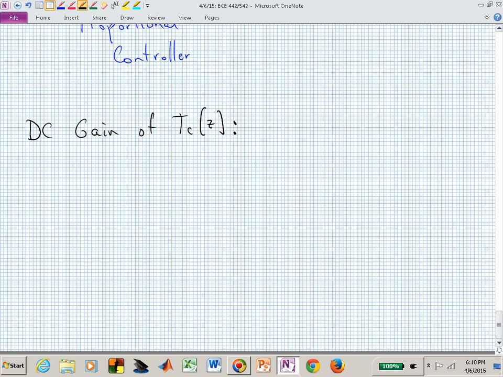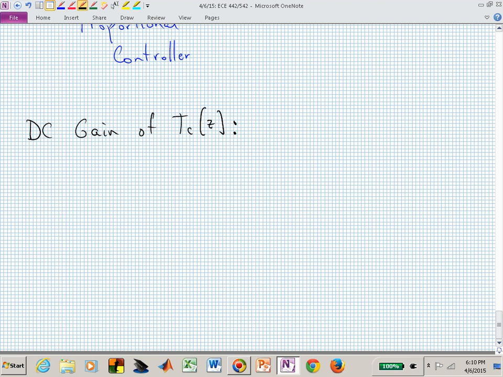Beyond that, what use is the DC gain of your desired transfer function? What does that give you? What does that tell you? Can we calculate it first, and then we'll figure out what it does for us or not?